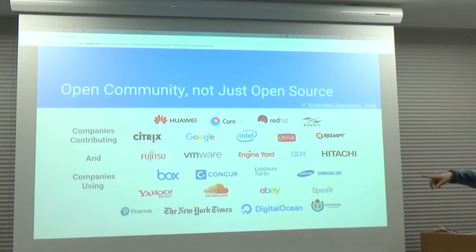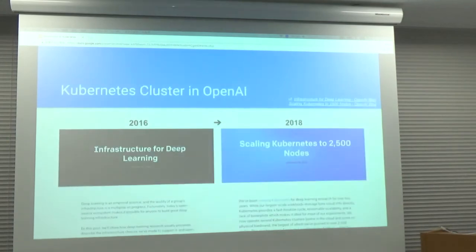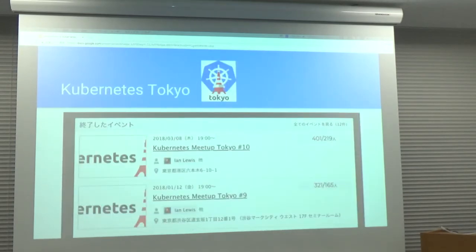Maybe you can find OpenAI here. OpenAI started using Kubernetes in 2016 in AWS, and now they operate over 2,500 nodes in Azure. And we have the Kubernetes Tokyo meetup. The meetup receives over 300 RSVPs every time, which is twice the capacity.